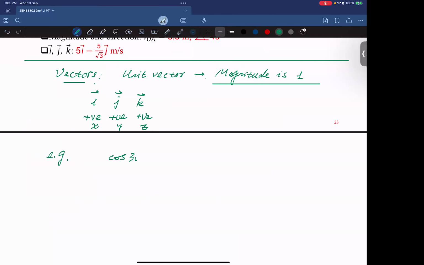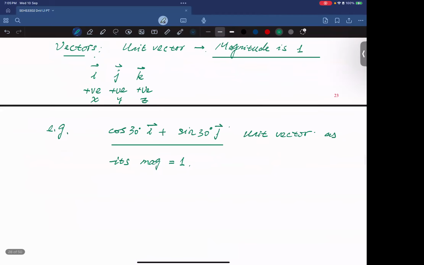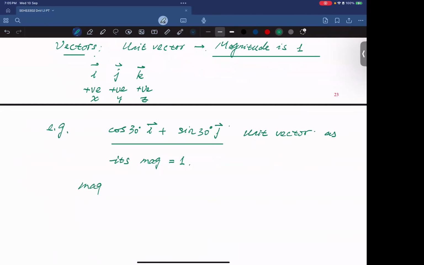For example, cosine 30 degree I plus sine 30 degree J, which is also a univector, right? Why? Because its magnitude is 1, as we can calculate. The magnitude of such a vector, we call it lambda.